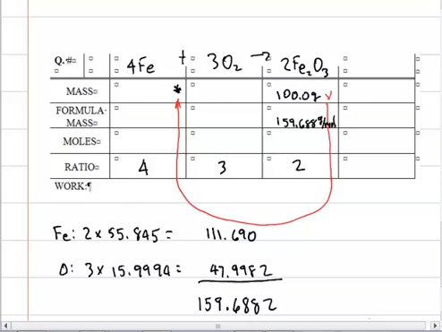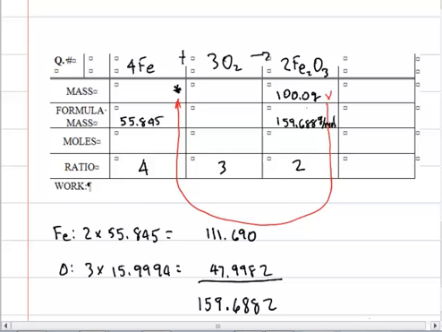The iron is an easy one, since that's elemental, that's just the 55.845 that we looked up back here. Now we're ready to do our calculations. So again, get on your calculator. Take 100.